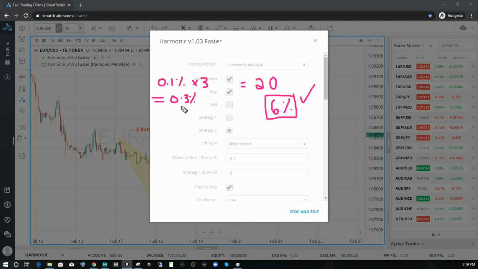That's it. 0.3% is going to be on each trade. Now, if I'm risking 0.3% on each trade, and I'm looking at 20 currency pairs, what is my total risk going to be? 0.3% times 20 is going to equal a maximum of 6%.